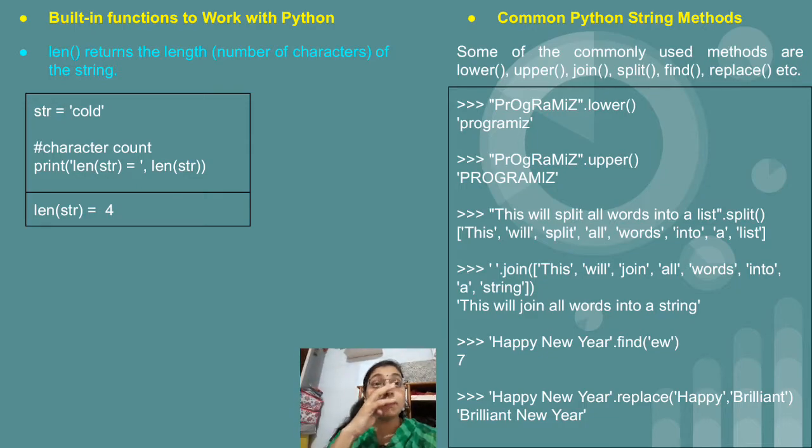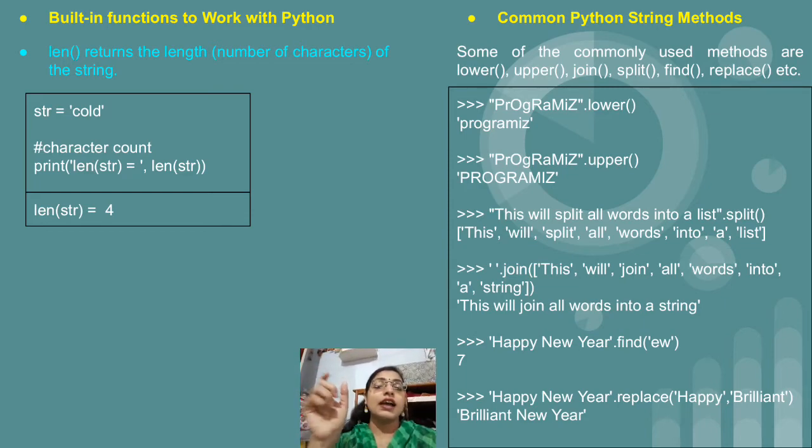After that, the common Python string methods available. The first method is lower. The lower method is used to convert capital letters to lowercase. So on the Python IDE we have executed the program, in which I have taken the text where the letters of PORM are capital.